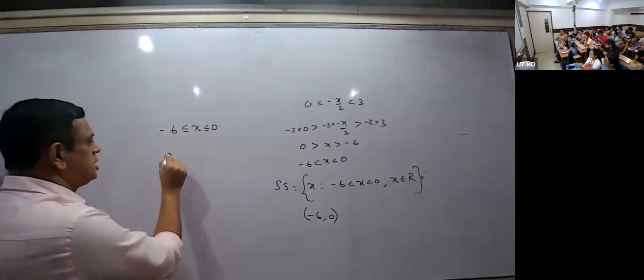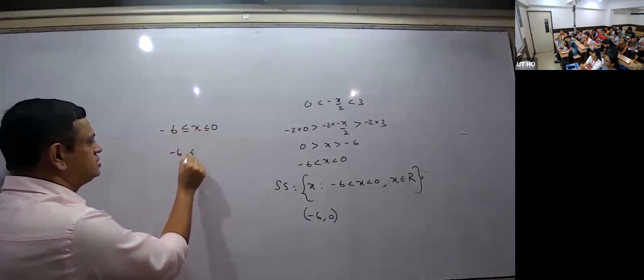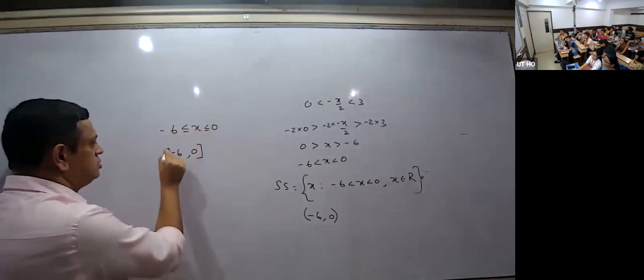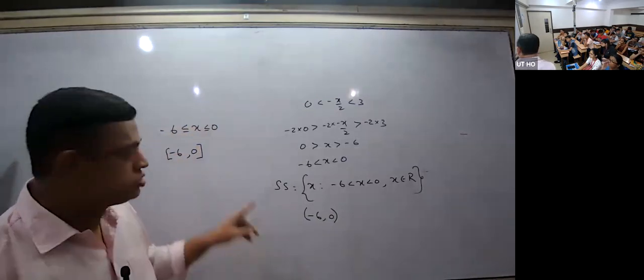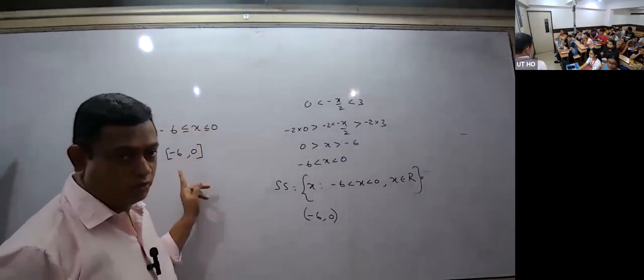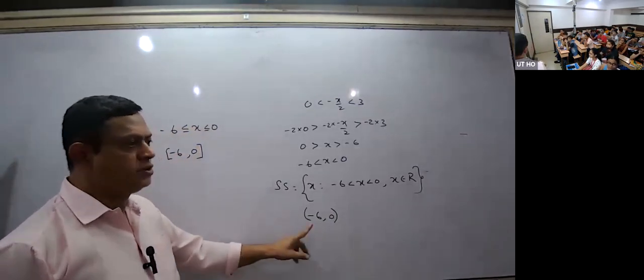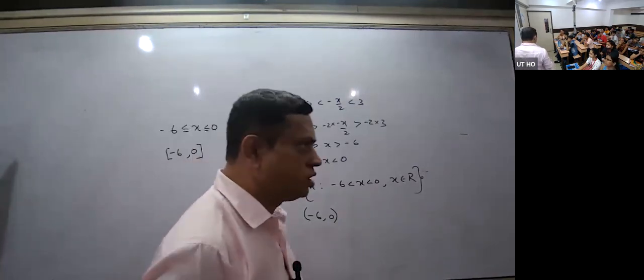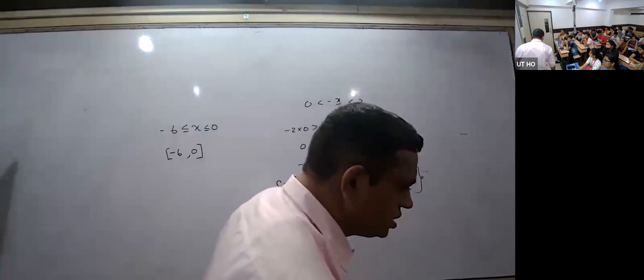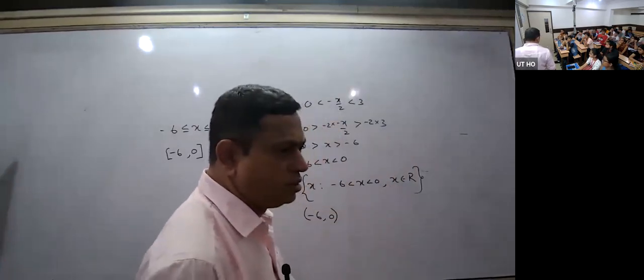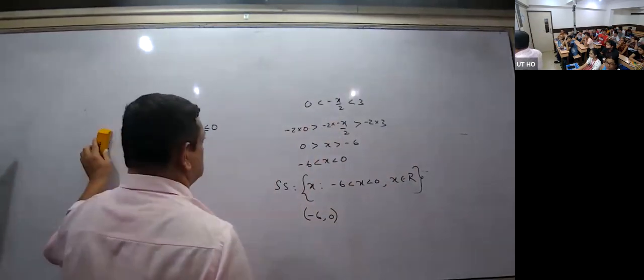That means it can be of the form minus 6, 0. Square bracket means a closed value, both are included. Open interval means this one. Okay, understood all of you? Was this in the textbook or somewhere? Done?